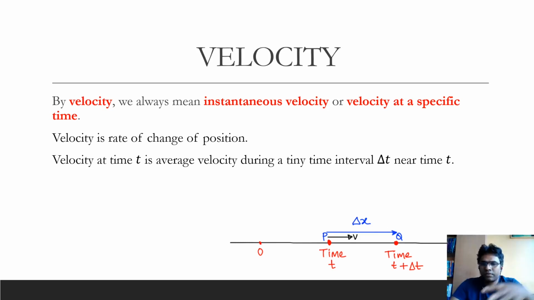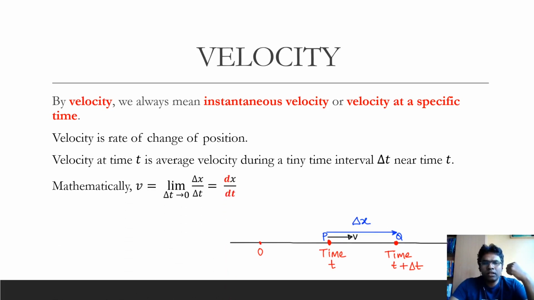Here I think I have shown it in the forward direction in terms of time. We take a look at the displacement in that tiny time interval delta t, and then we evaluate the average velocity, and this average velocity evaluated for the tiny time interval is taken as the velocity. Okay, so that is how you understand the instantaneous velocity.